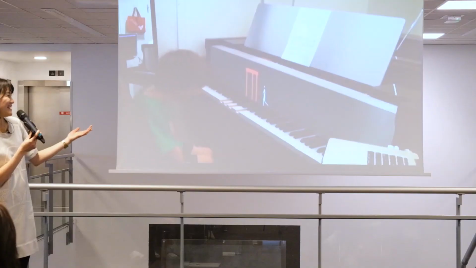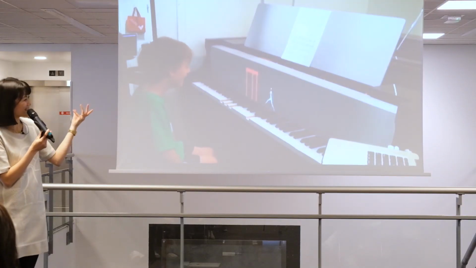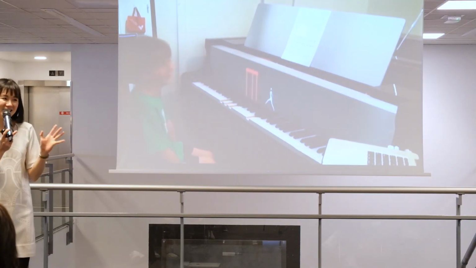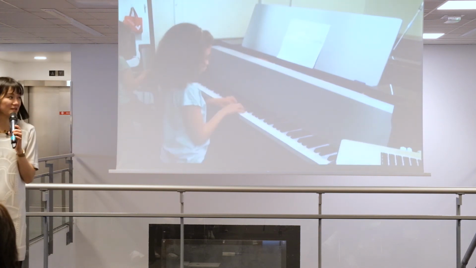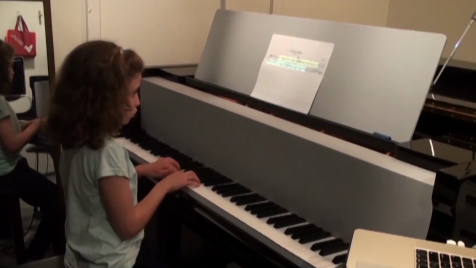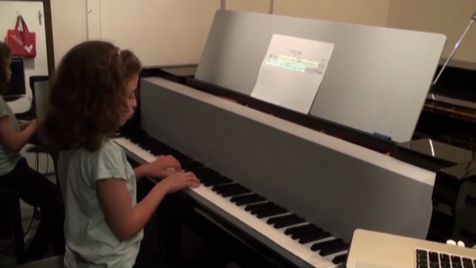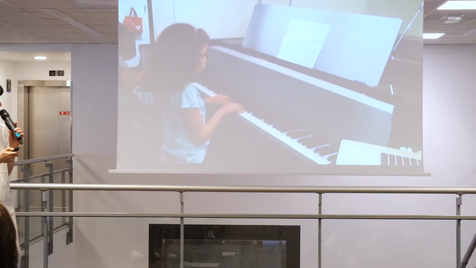So first of all, everybody really loved it because I think there's something playful and imaginative with the little characters, as opposed to the traditional way of learning, where the little girl is really stressed out and trying to parse the score.